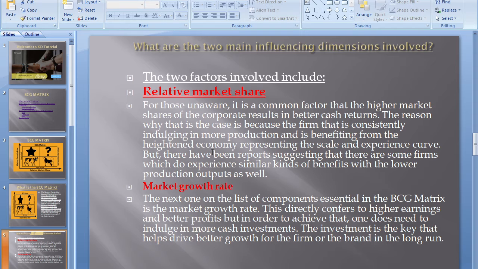The reason is that the firm is constantly producing more and benefiting from higher economies of scale. Second is market growth rate. It means that a company knows where it has to invest cash in a product.